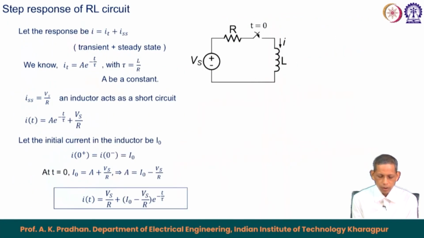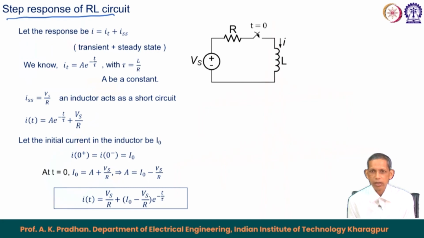Now, similar to that for RC, we will see the step response for the RL circuit. With RL we see here a source excitation. Earlier I considered the source-free case, now we are talking about the case with a source. Let us see the circuit. If we close the circuit, the current through the inductor is I and this is the voltage.